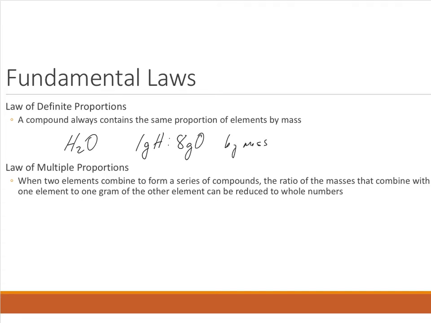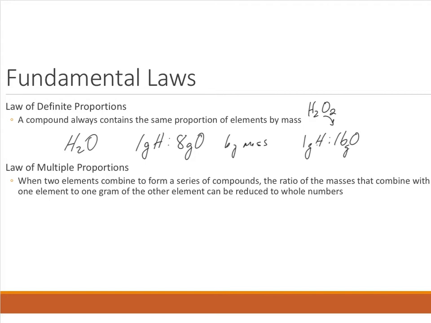If you have a substance that contains only hydrogen and oxygen, and it does not contain that ratio of 1 to 8, you don't have water. For example, another substance that contains only hydrogen and oxygen contains 1 gram of hydrogen to 16 grams of oxygen. This is what we know as hydrogen peroxide, or H2O2.